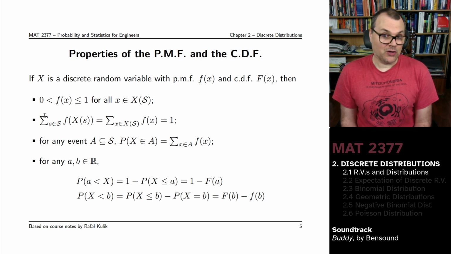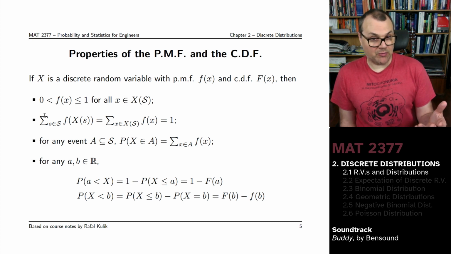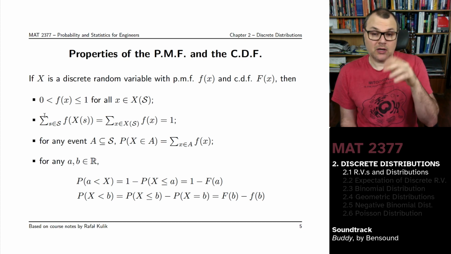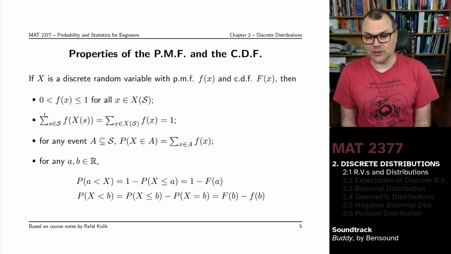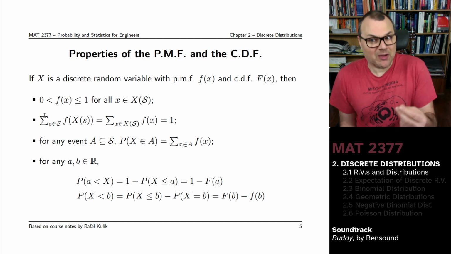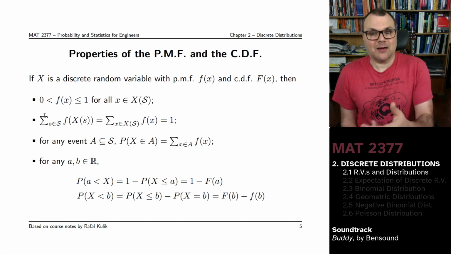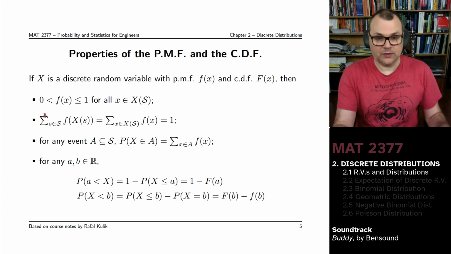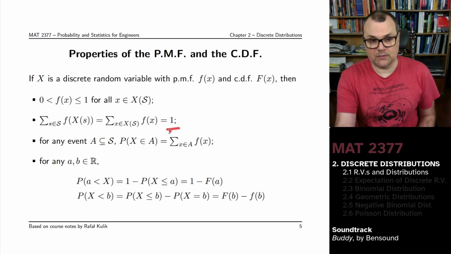Because if you run the experiment and you get an outcome which isn't one of your possible outcomes, what this really means is you hadn't identified the right set of outcomes to start with. So whenever you run the experiment, something must happen, and that something must be one of the possible outcomes. This is what this is saying here.